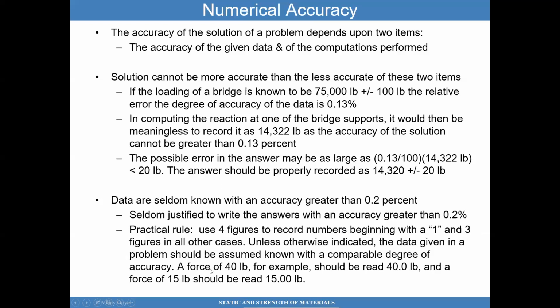As an example, a force of 40 pounds should be represented as 40.0 pounds, and a force of 15 pounds should be represented as 15.00 pounds. That's just a rule of thumb, but in general, you just don't want to be more accurate compared to the accuracy of the inputs to the problem.